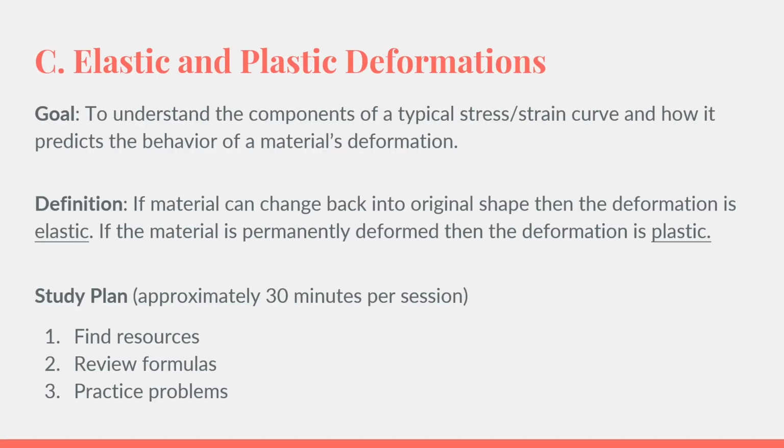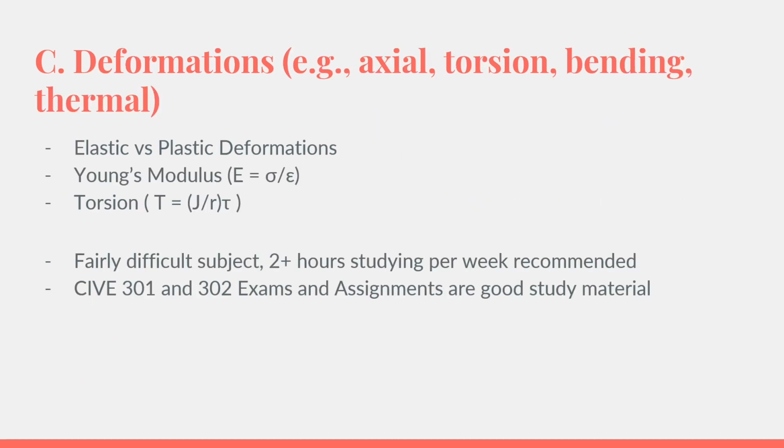One of the most important concepts behind elastic and plastic deformations is being able to read a stress versus strain curve and understand how it predicts the behavior of a material's deformation. There are multiple equations that go along with this subject. For example, the calculations for Young's modulus and torsion.